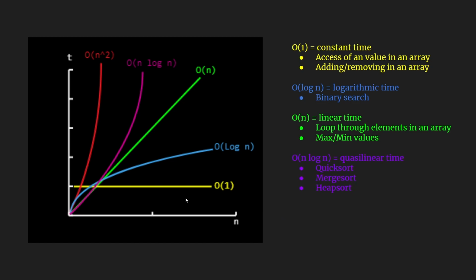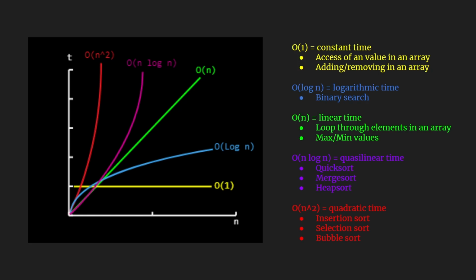Next, we have O of n log n, which is also called quasi-linear time. These can be algorithms such as quicksort, merge sort, heap sort, and so on. And if we take a look at the graph, you can see the larger the data sets, the less and less efficient it becomes.